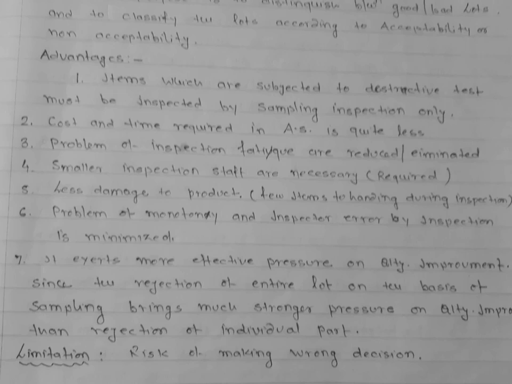In such a situation it is advantageous to take a sample from a particular lot and inspect it, and if that inspection shows the product is as per our requirement, then we can say the whole lot is good or acceptable.